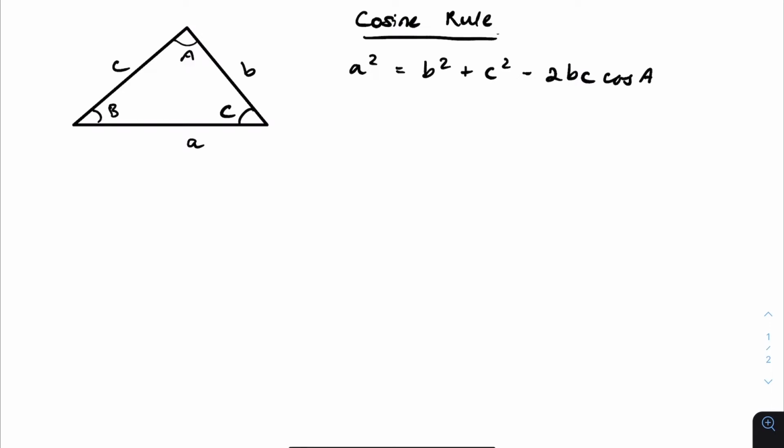Essentially, the opposite angle to the side you're trying to find is the angle that you would use. And obviously it's called the cosine rule because cosine is being used here.